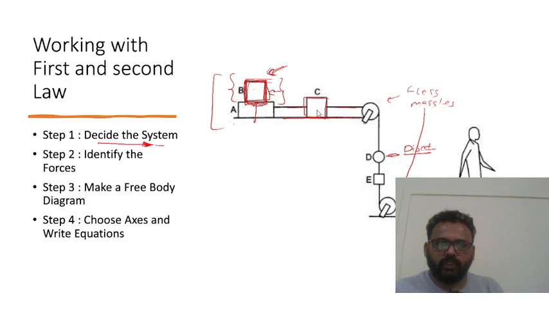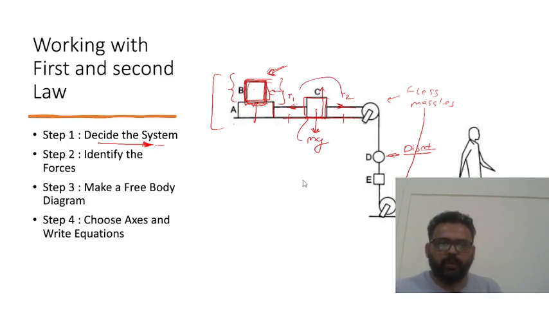The first force is the gravitational force which is given by mg. m is the mass of C. The second force is the normal force exerted by the ground on mass C. Now if I want to draw a free body diagram of C, there are two other forces, the tension in the string. So there is T1 and T2. Whenever the string changes, the tension also changes.